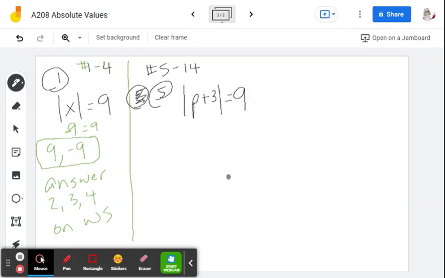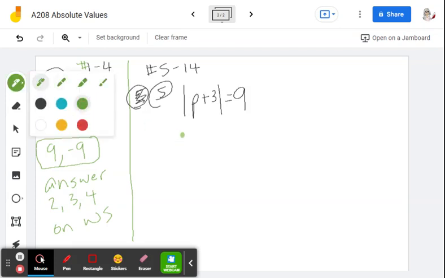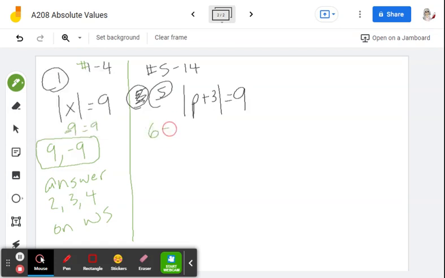Now when you're solving absolute values, remember this could be a +9 or this could be a -9. So you've got to think of two answers that would satisfy this. I'm going to change to green again. To make this a positive 9, 6 plus 3 is 9. So one of my answers is going to be a 6.